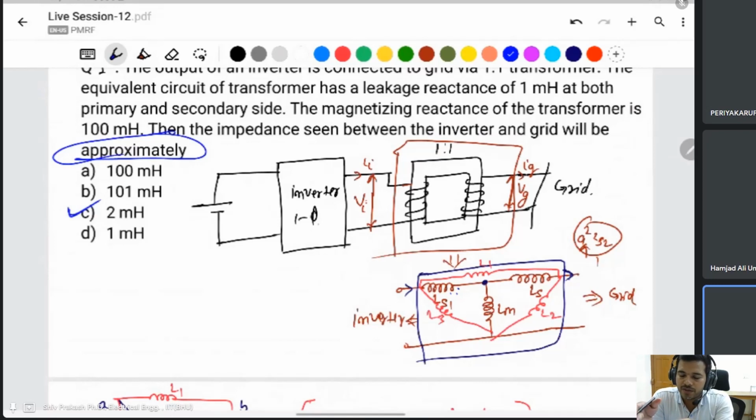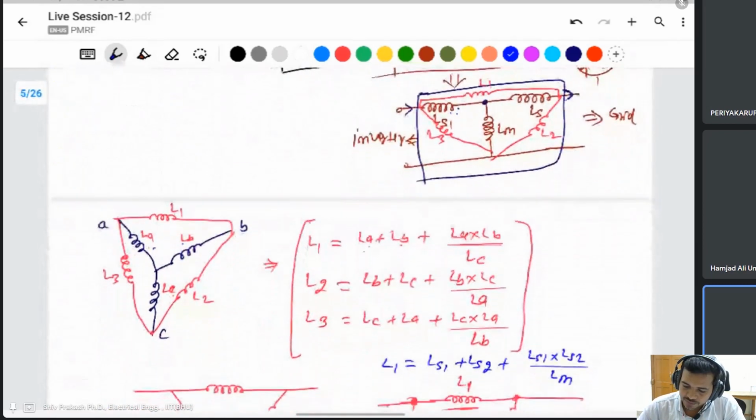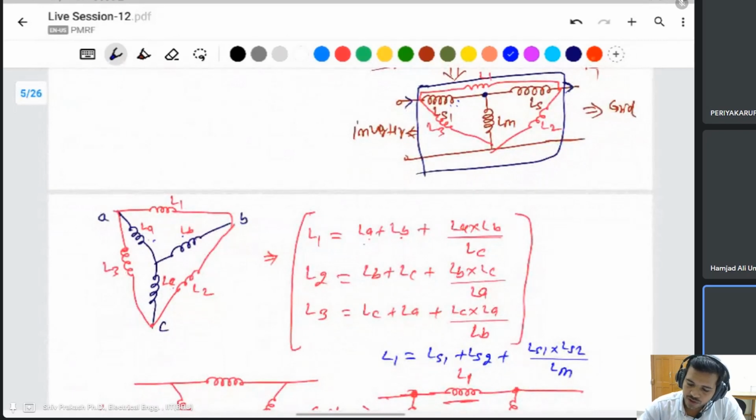It is the sum of the impedance of the primary side and the impedance of the secondary side, the effective impedance. Generally LM is 100 millihenry, a very high impedance.